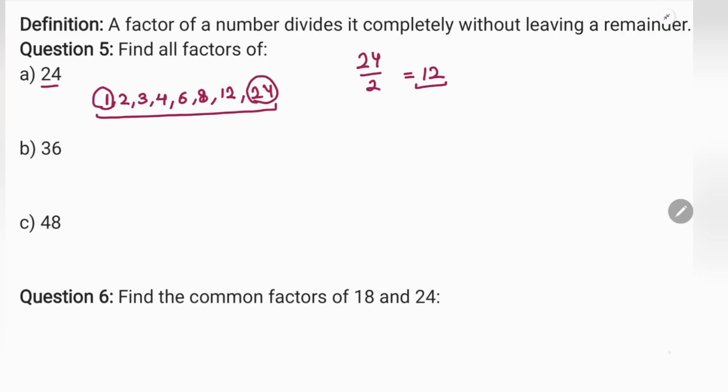Okay, always. Here as well, if I see 36, so 1, 2, right? You do it yourself, pause the video, do it yourself, and then come and check it. Okay, 2, 3, 4, 6, 9, right? 12, and then 18, and then 36.